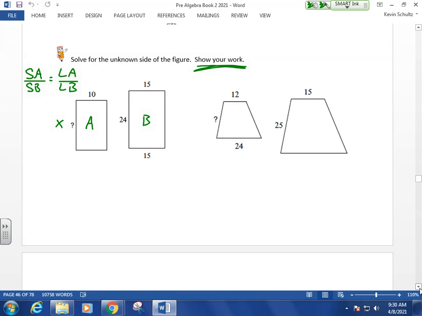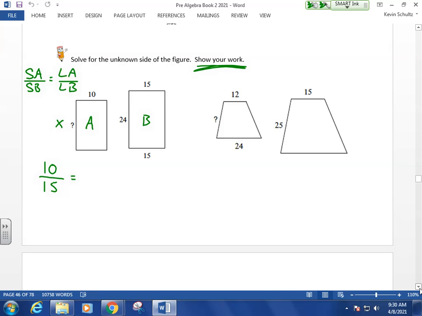Okay, so what's the short side of A? What's the value for that? The short side, yeah, 10. So that's going to be the numerator. And then the short side of B is what? 15.